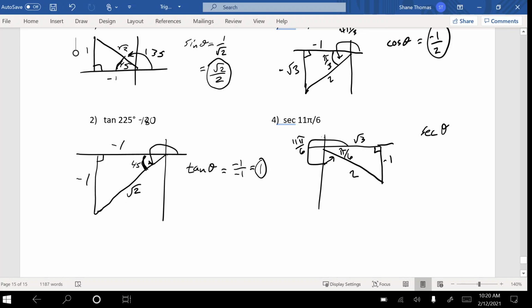Okay? So secant would be hypotenuse over adjacent. What's my hypotenuse? 2. Adjacent is root 3. Can I leave it like that? Nope, I have to multiply by root 3 over root 3, giving me 2 root 3 over 3. So that would be my secant of 11 pi over 6.